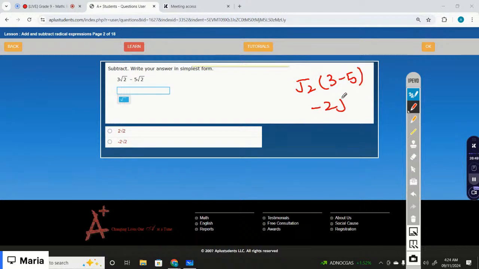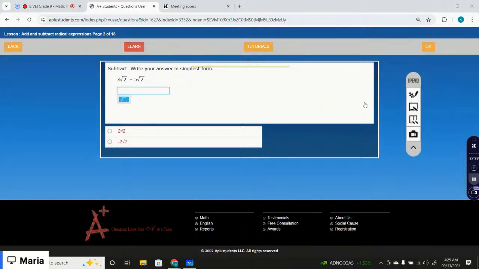That is negative 2 square root 2. Option number 2 is the correct option.